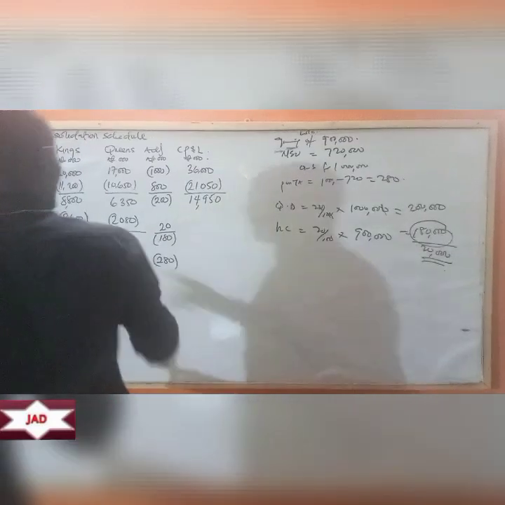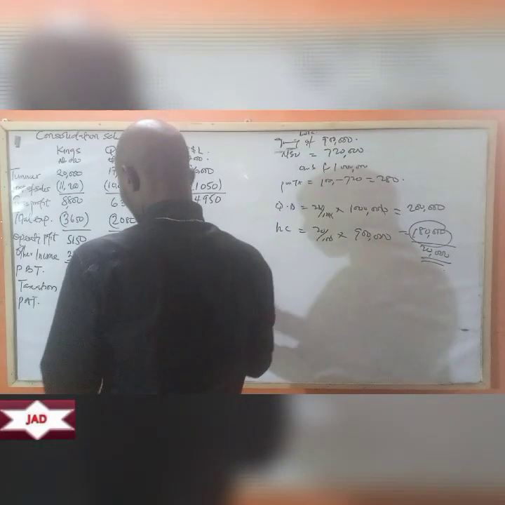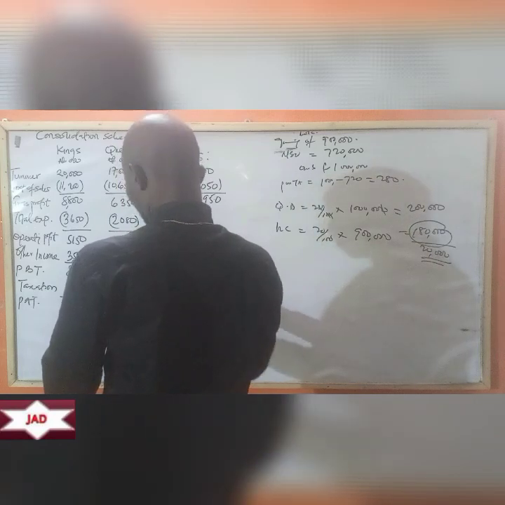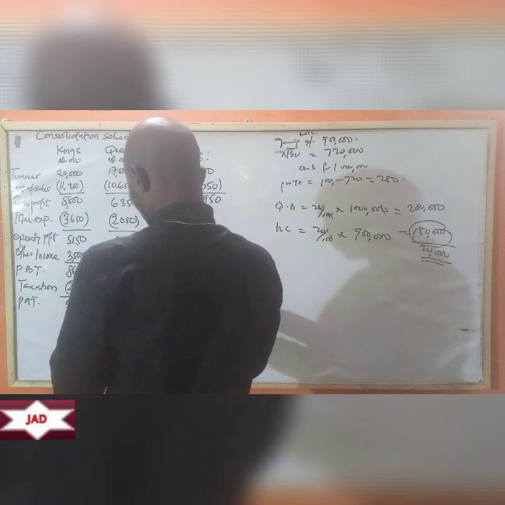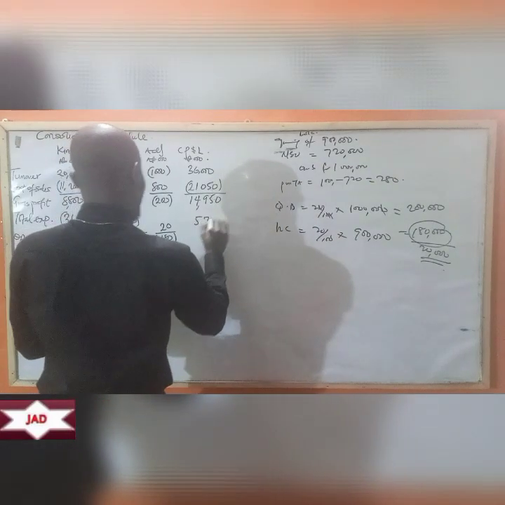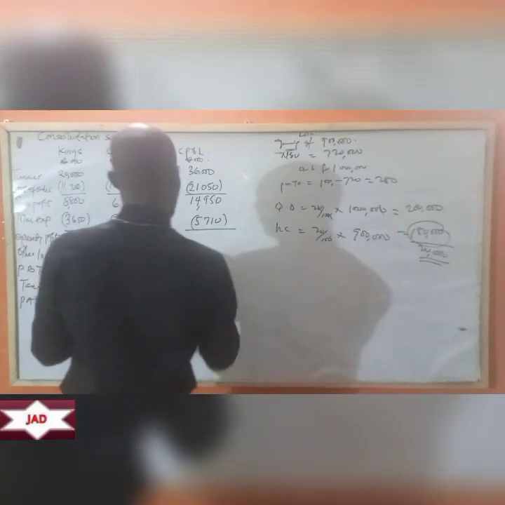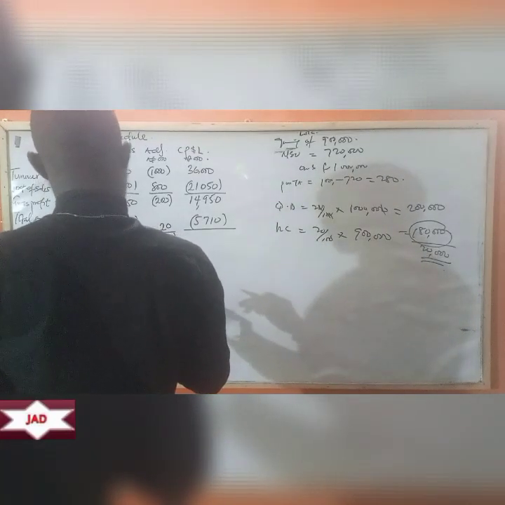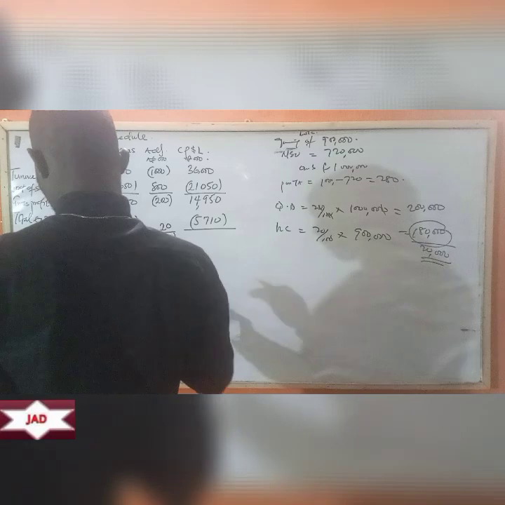Okay. So if this goes this way, we have 3650 plus 2080 minus 20. So this will be 5710. Take this out. 14950.